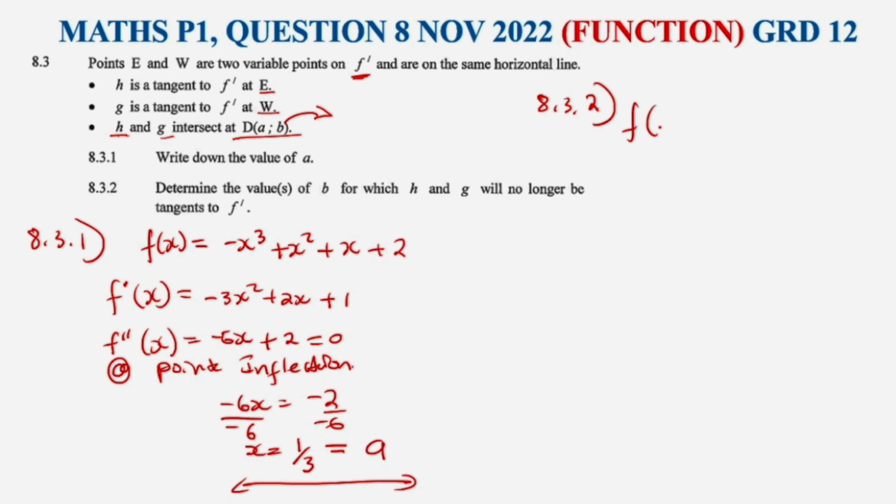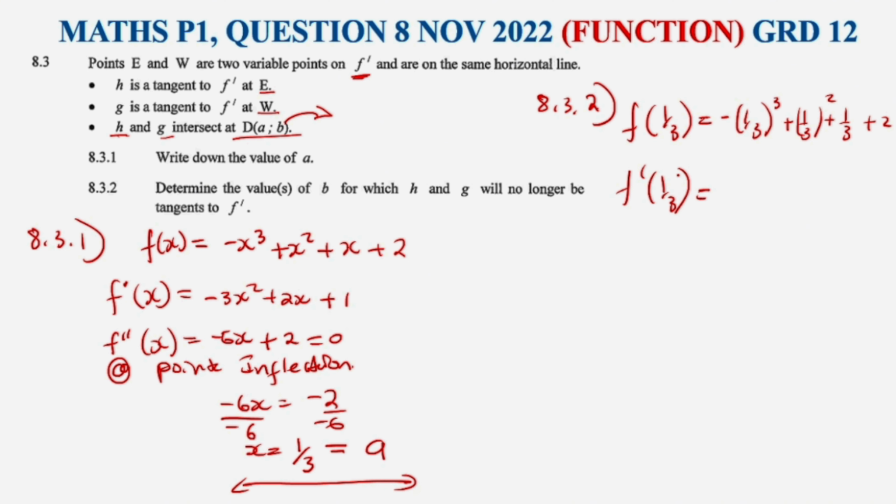So when x is 1 over 3, into our original equation we're going to say minus 1 over 3 cubed plus 1 over 3 squared plus 1 over 3 plus 2. That's how you would deal with this one. Let's put this in our calculator.